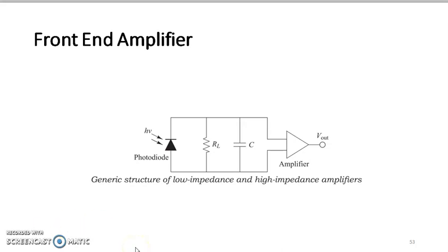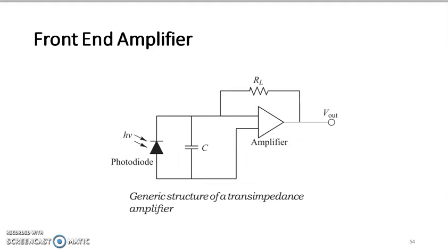Now in this given figure, we have a low impedance circuit for the front-end amplifier. So we can have a low impedance circuit, and this one is about your transimpedance circuit.